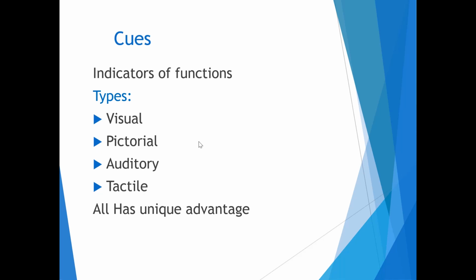Auditory cues are excellent for signaling unique and infrequent conditions, but the main thing that we need to consider is volume. Setting the volume appropriately is important. It should not be too loud or too quiet. Now, considering the tactile cues, we can use the size, shape, force and texture to differentiate the functions. So that is about the cues.